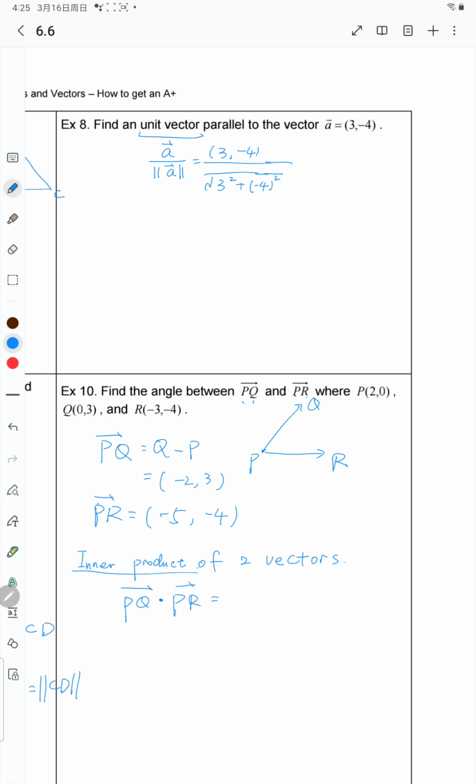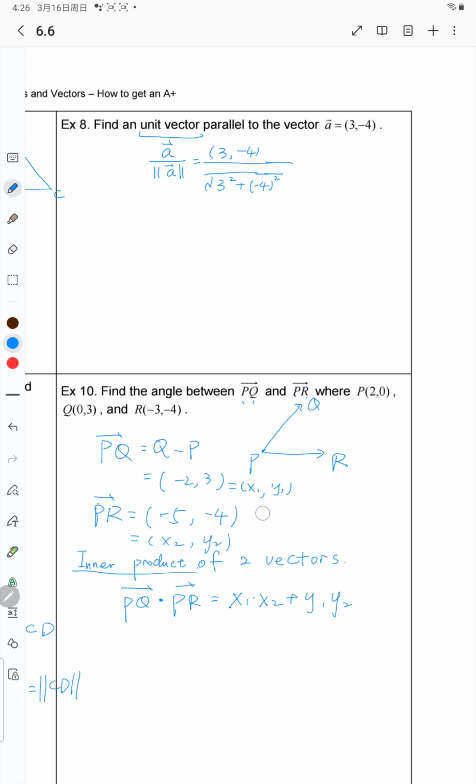is going to be coordinate-wise multiplication, right? So it's going to be x1 times x2 plus y1 y2. The first PQ vector, I'm just going to label as x1 y1, and in the same way I'm going to give this one a name, x2 y2.